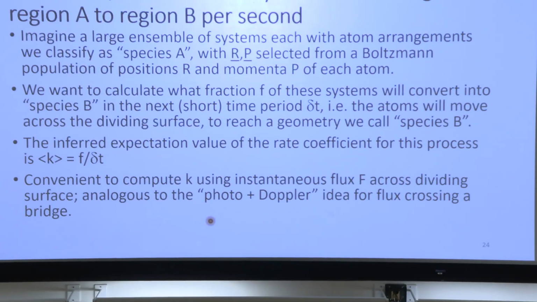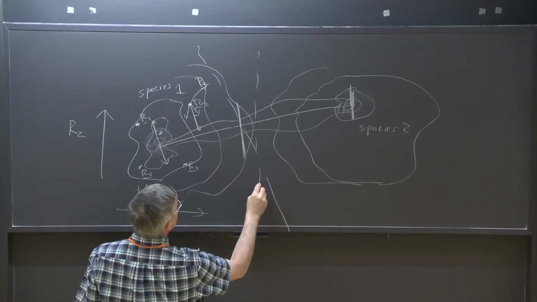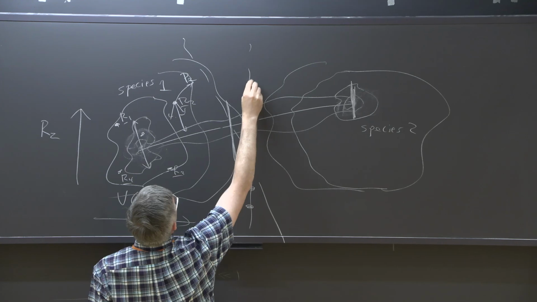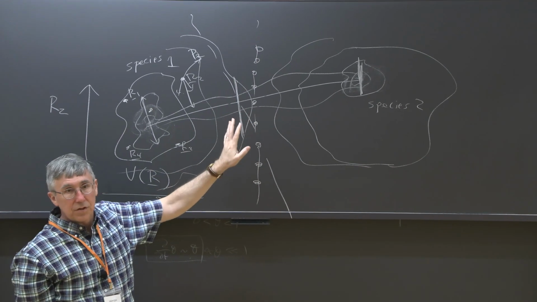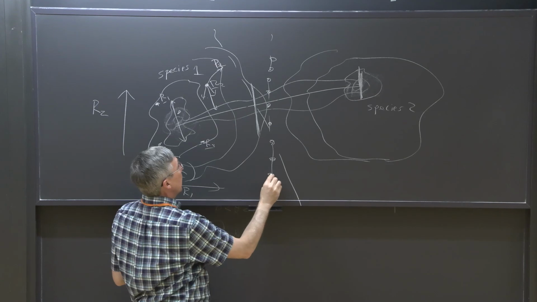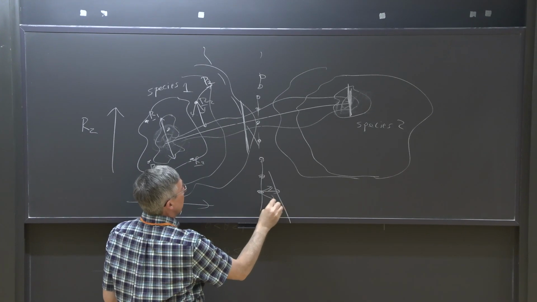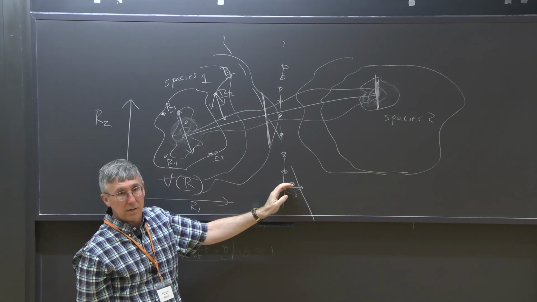And to do that, I just say, well, all of the R's that are on the dividing surface, I can get all these R's, and each one has a Boltzmann factor for its potential energy. And then they each have a distribution of P's. And each of these I can weight by their Boltzmann factors for momenta.